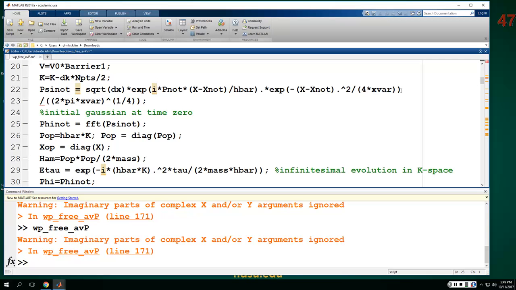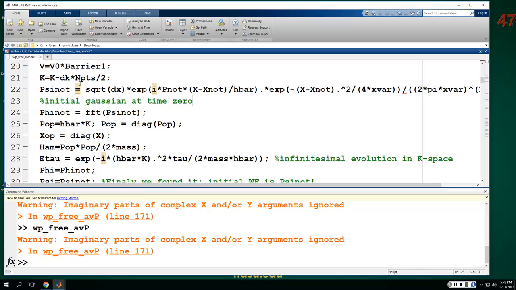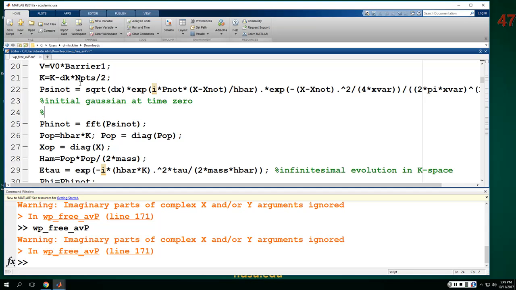So who needs P naught? Chemists? Yeah. Where do we go further? So we do have initial conditions. If you scroll up, we should find three parameters of the initial condition: P naught, X naught, and X var. Let me make a little record of what we did: initial Gaussian at time 0.